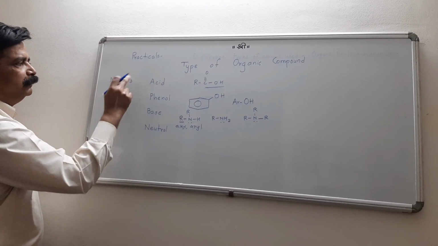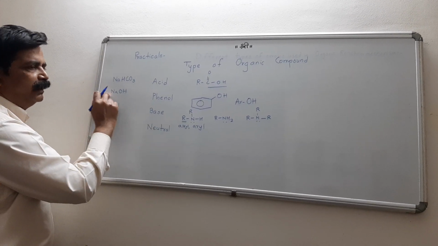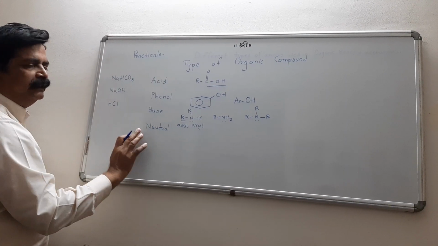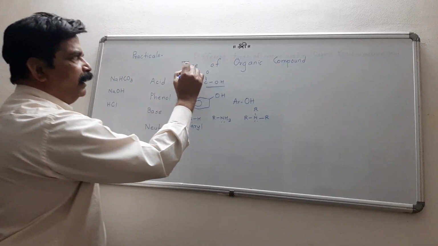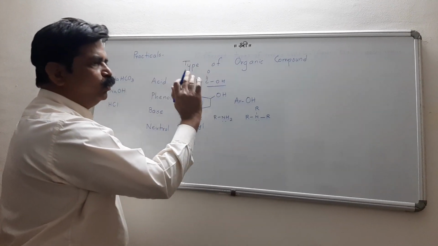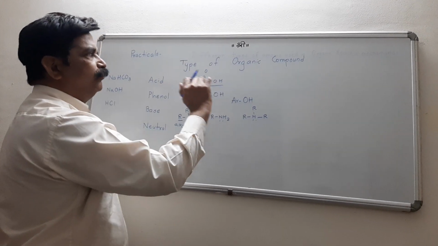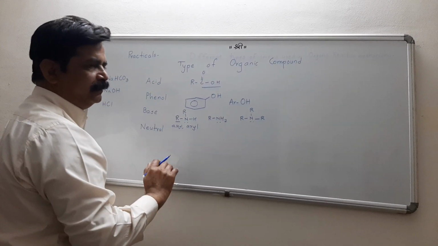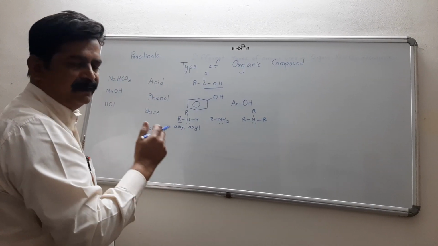If the compound is not reacting with any acid or any base or any carbonate, it is a neutral compound. Now we are going to concentrate on the theory of how they are separated, what happens when these reagents are added.